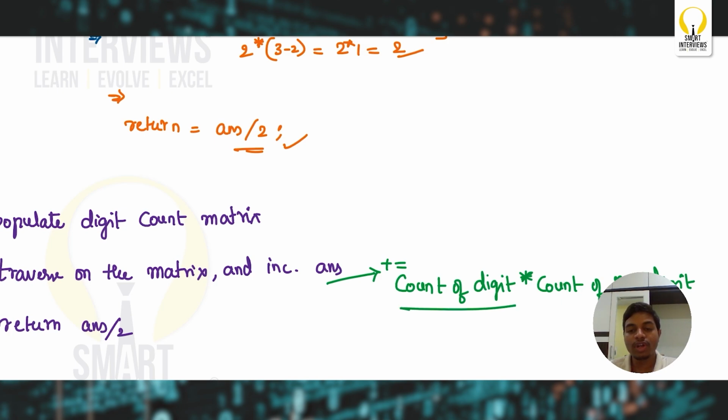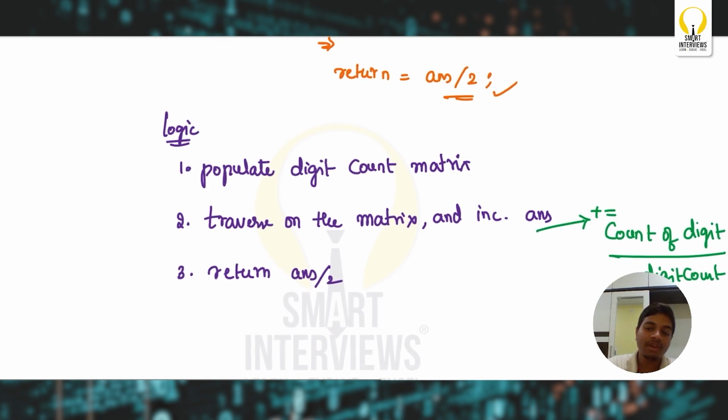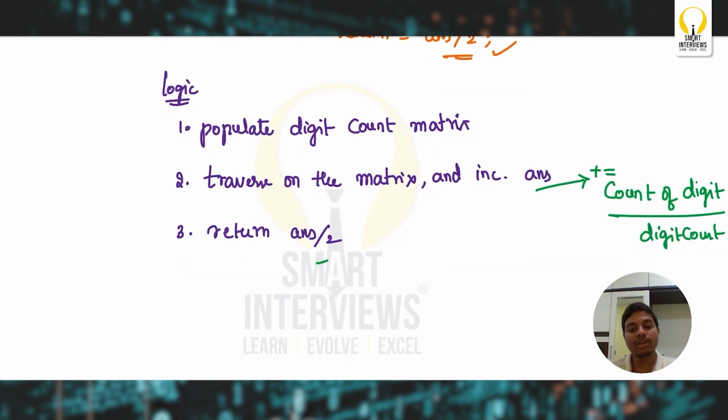The count of digit you're going to get from digit count, and the count of non-digit is something like n minus digit count. I hope this is clear. And finally, you're going to return answer by 2 because we are adding each and everything twice.